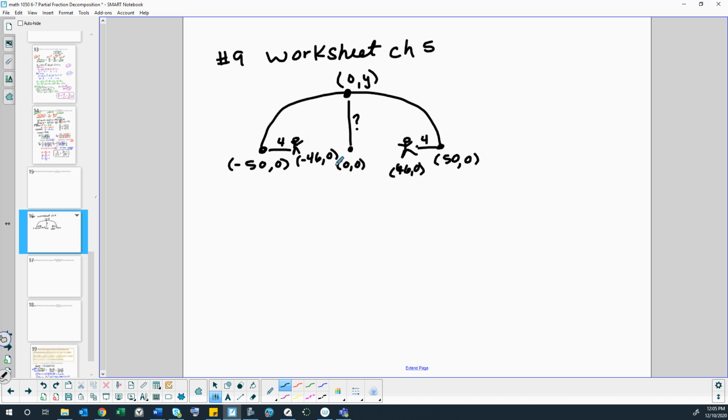So we should be able to use that much information to start writing an equation if we wanted to, but that actually means that we know that C is 46, and we know that A is 50, and we just want to find B. So we don't even need to write the equation for this.